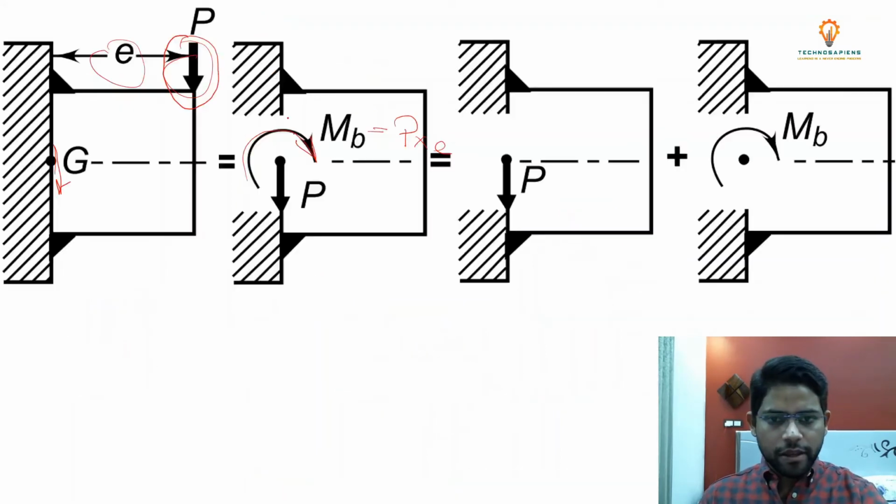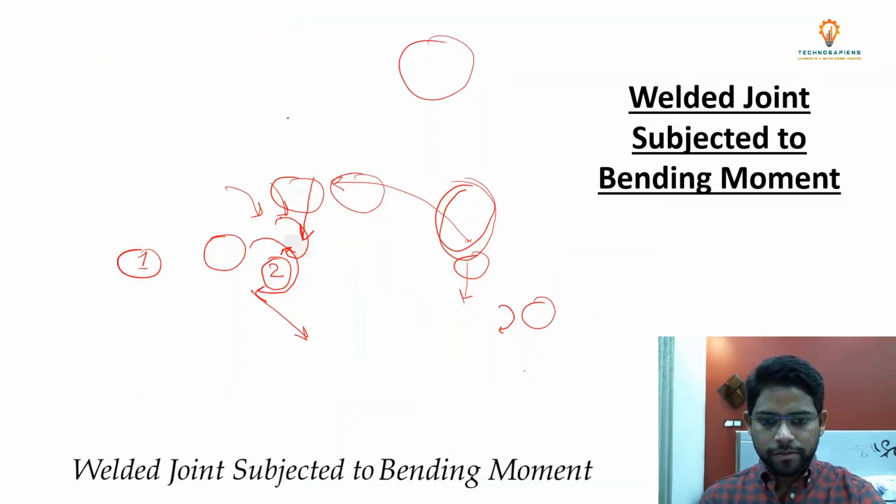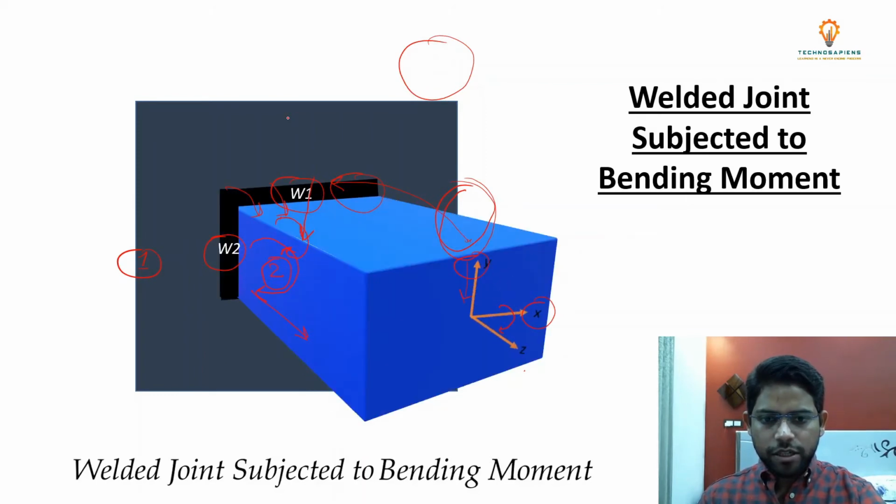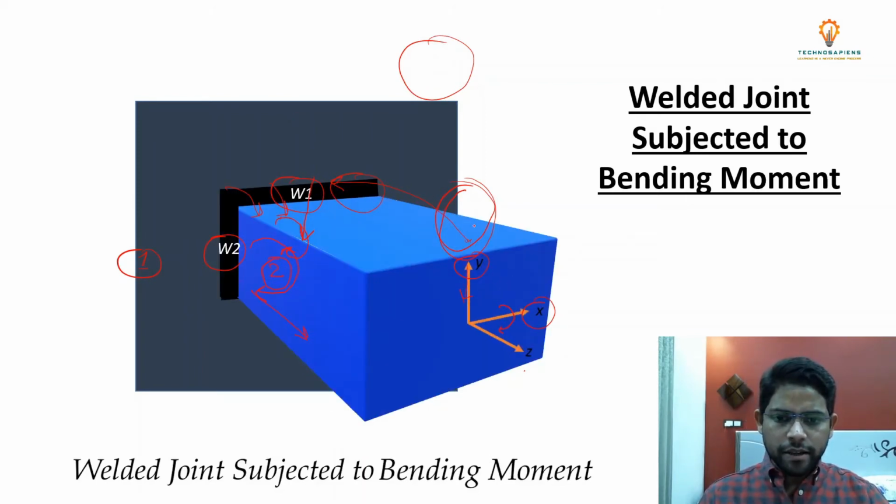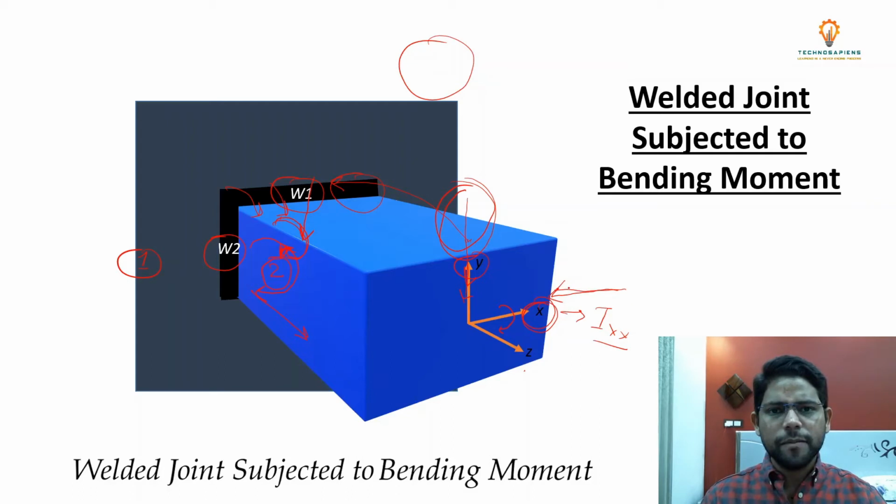For example, in this case the load is acting parallel to the y-axis and the bending moment is induced about the x-axis, that's why the second moment of inertia has to be calculated about the x-axis. That means you have to calculate I(xx). Had the load been acting parallel to the x-axis, then you would have calculated the second moment of inertia about the y-axis.